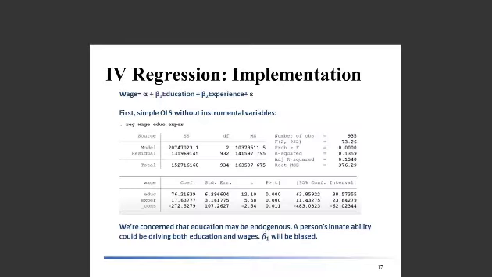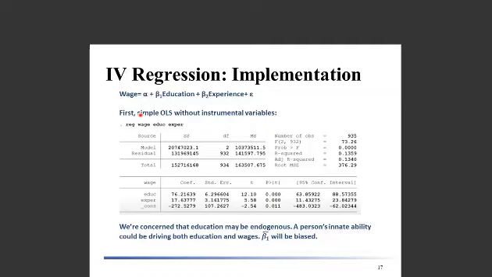I'll walk through an implementation example here. It's a very simple example, and I'll be showing this implementation example in Stata. In this case, we're interested in looking at the impact of education on wage using experience as a control variable.